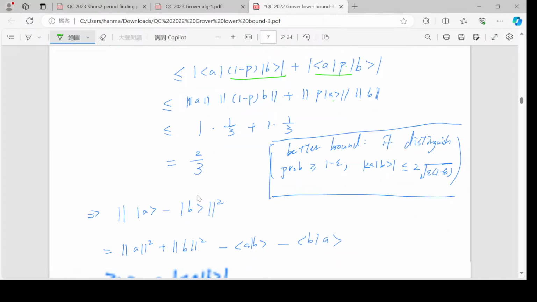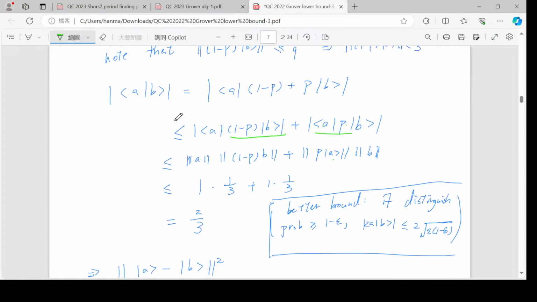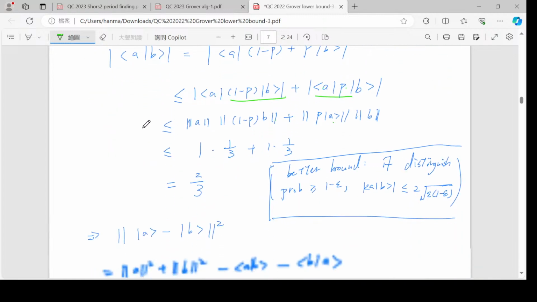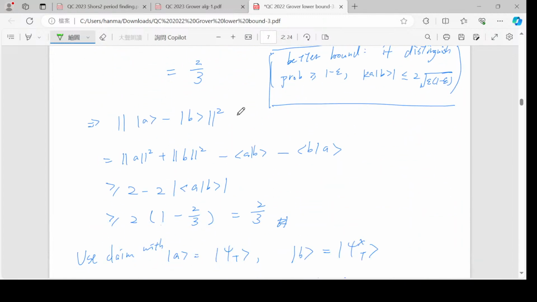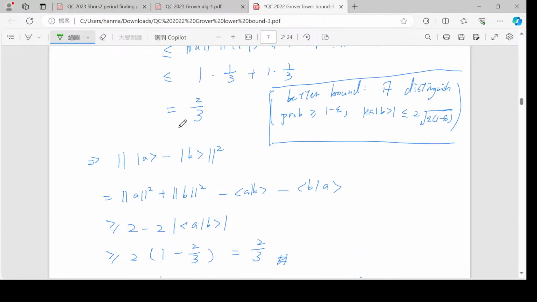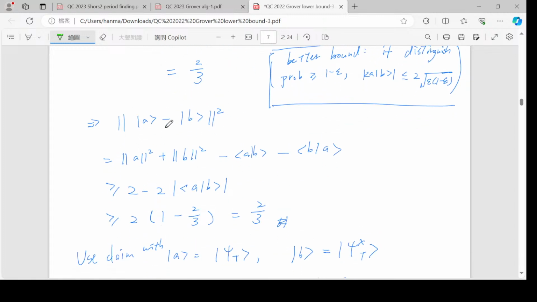Okay, so we know the inner product is small, and now we're going to show something that we claimed to be true. This distance norm squared is actually related to the inner product, because if you expand the square, it's A squared plus B squared minus AB minus BA. Those are complex values, but the complex part will cancel out, so we only care about the real part.